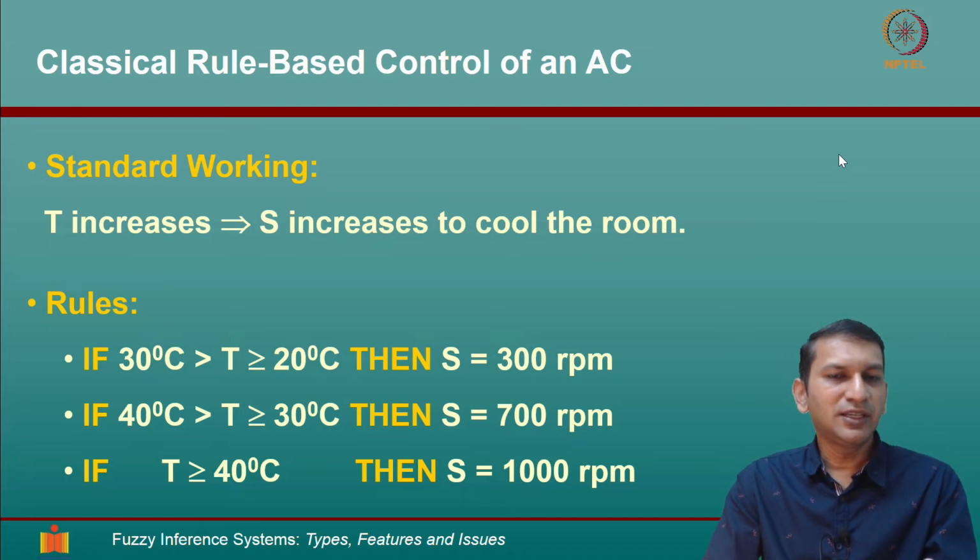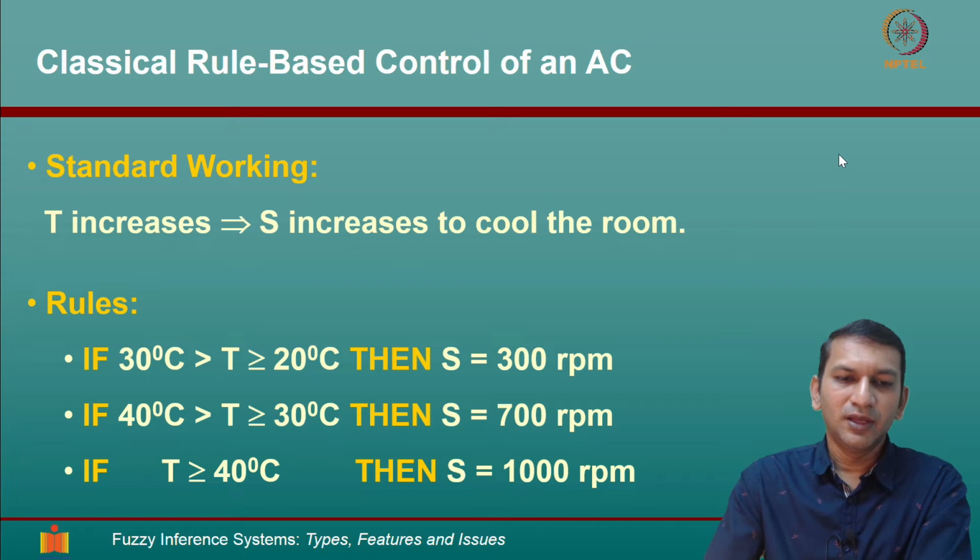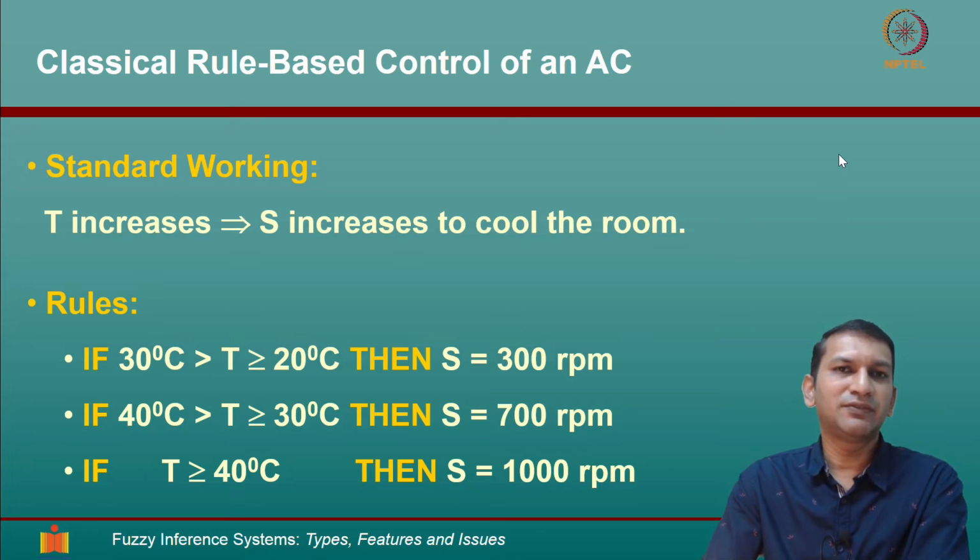And you will see that there is no overlapping here, so you would just use if, else if, else if. So that kind of a structure you have here, and that's how the inference has been done. So the inferencing with classical if-then rules is very clear, straightforward. And there is no parallelism because we do not allow for overlapping sets. So only one of these rules comes into play for a given temperature.